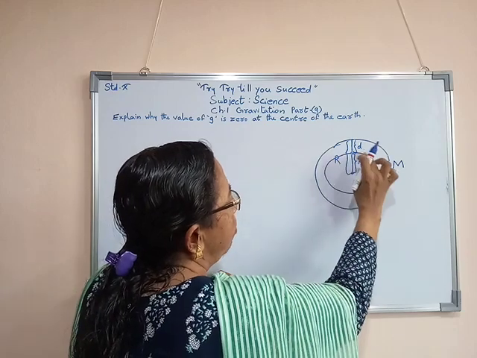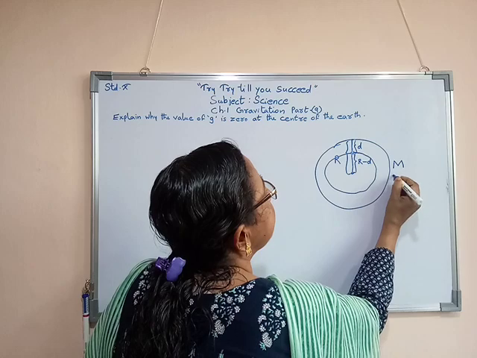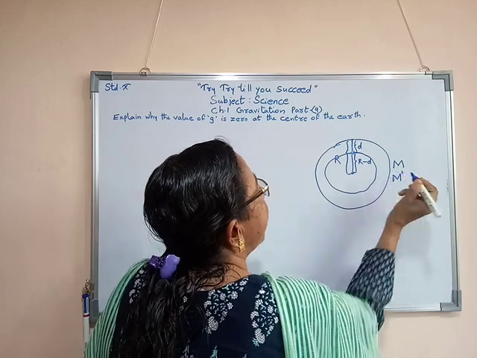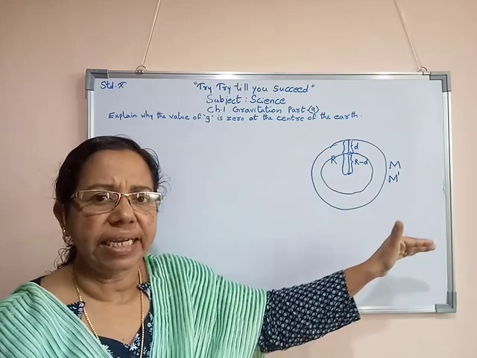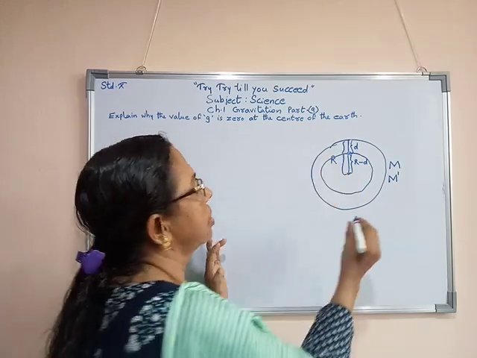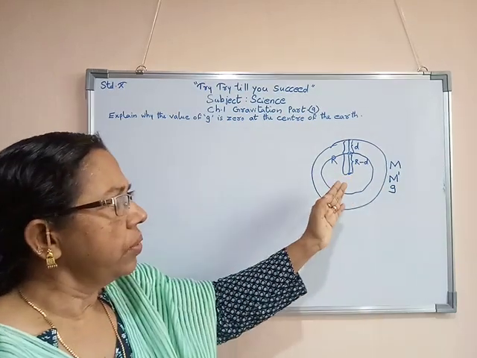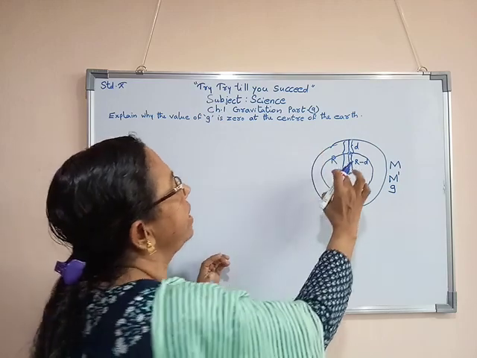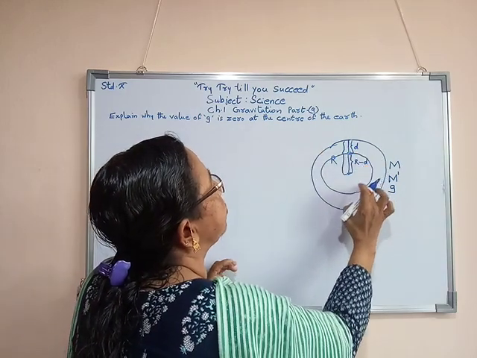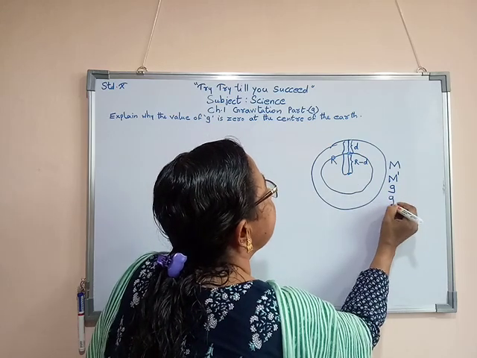Now the mass of this sphere alone, we can take as capital M dash. Now the gravitational force exerting on the surface of the earth, we can write as capital G. Now the gravitational force acting on this body when it is lying at the depth d, we can write here as G dash.